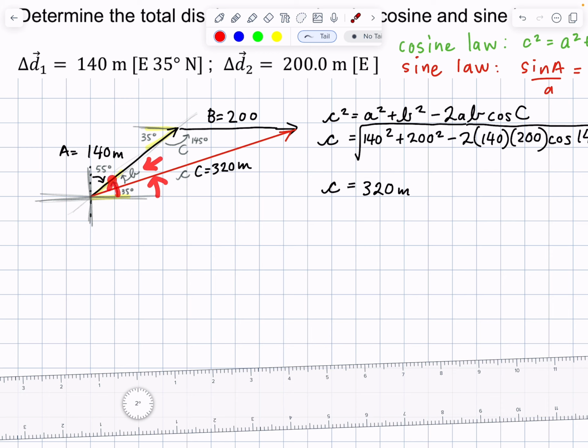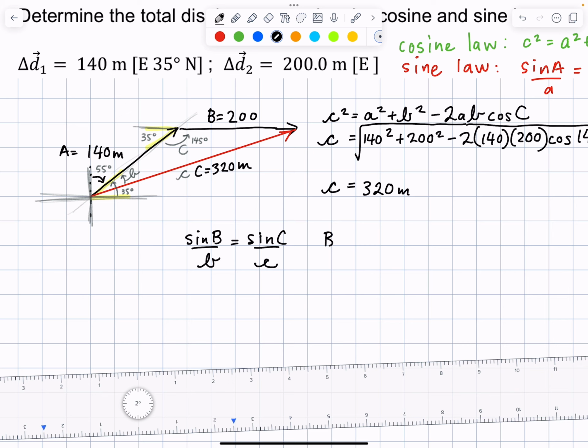I know that this is 35, and I know that this is 55, but I need to find out what this angle here is, angle B. I'm going to use the sine law, which tells me that sine B over side B equals sine C over side C. So I can find the angle B, it's equal to the inverse sine of side B times sine C over side C. We can find this angle by subbing and solving.